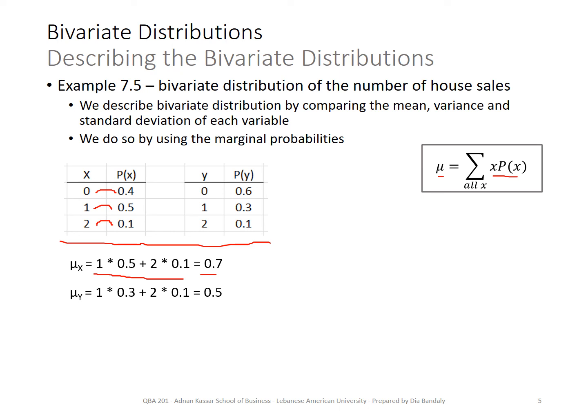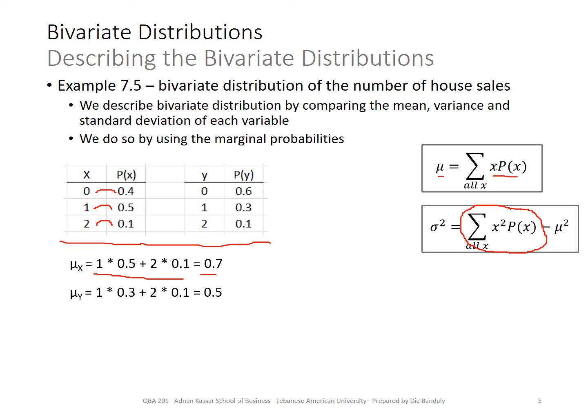Now, what about the variance? The variance is given using this formula, and as I told you earlier, whenever you want to use this formula, make sure that you do this element first and then deduct the square of the average.